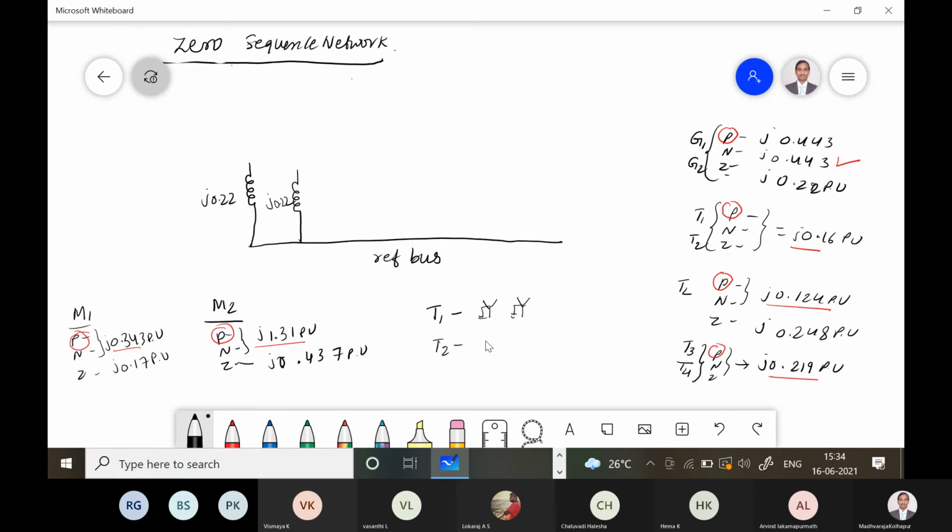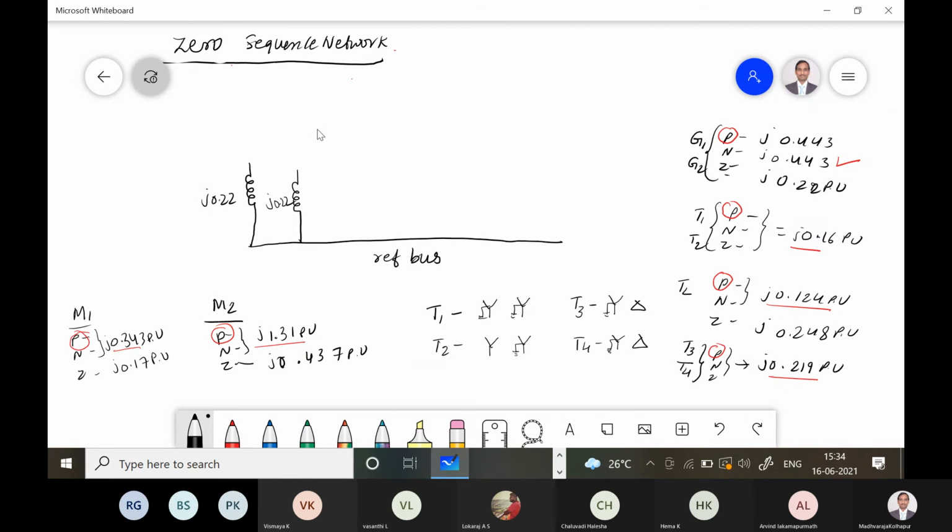Transformer T2, only star in primary, in secondary star grounded. For transformer 3, primary is star grounded, secondary is delta. And transformer 4, primary is star grounded, secondary is delta. So according to this, we need to write the zero sequence diagram.